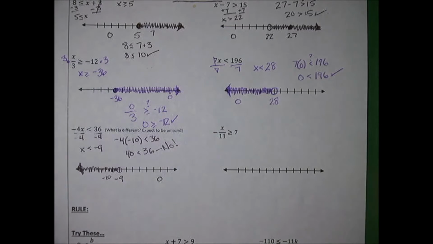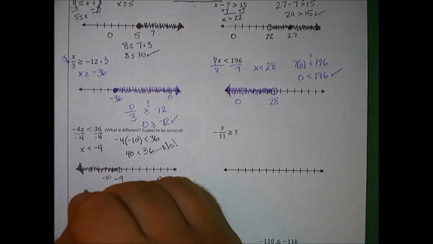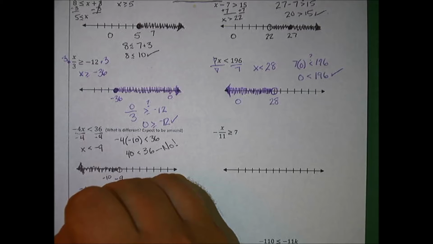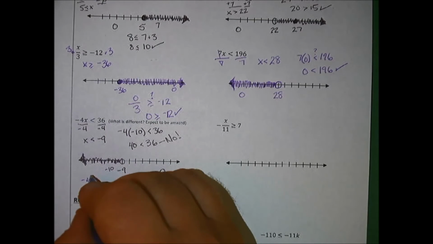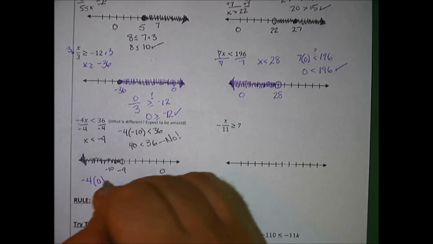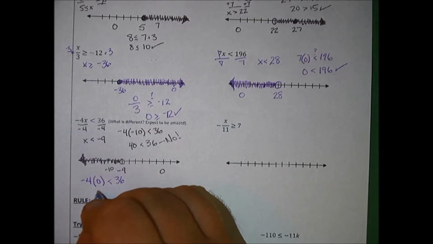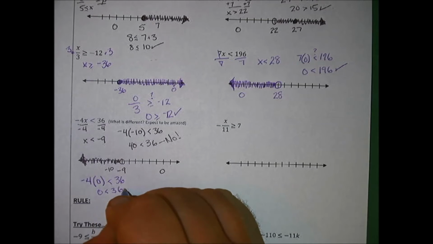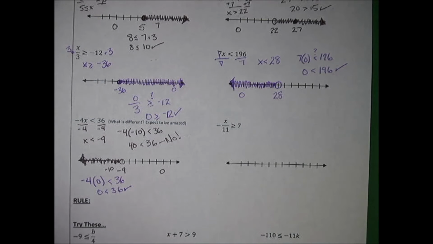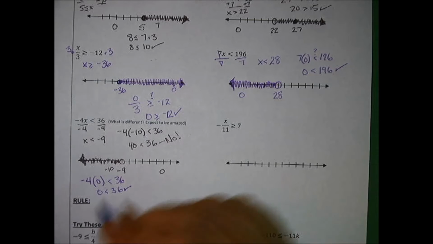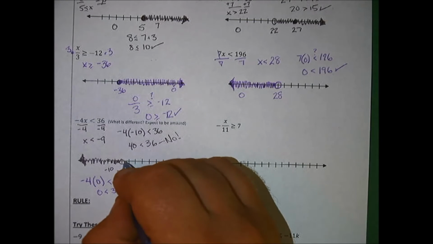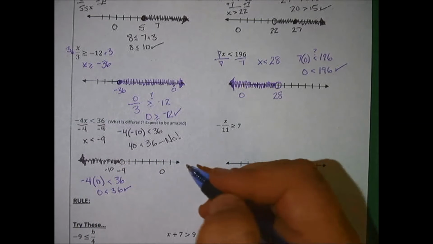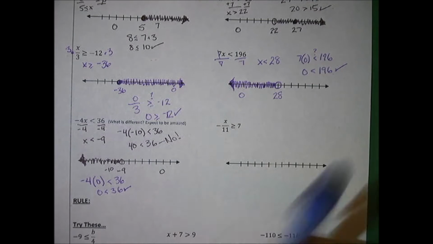So I'm going to go negative 4 times 0 less than 36. Well, anything times 0 is 0, and 0 is less than 36. All right, that does work. So what I should do is I should shade this way. Now, I haven't told you guys this.